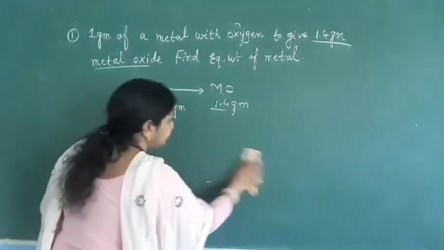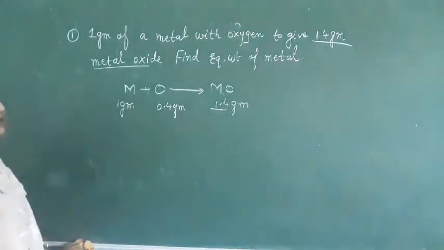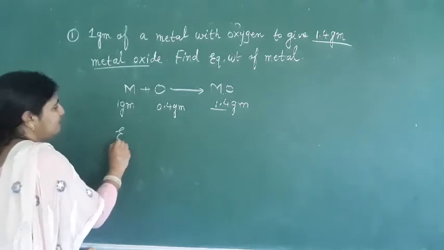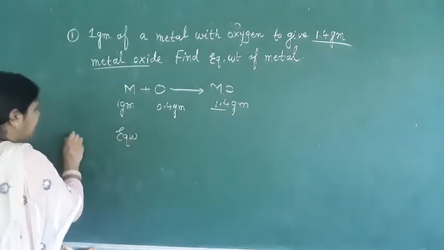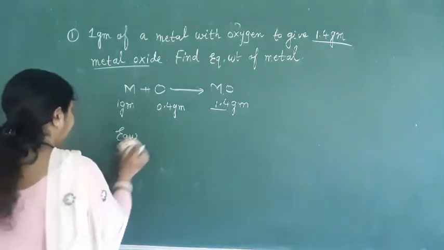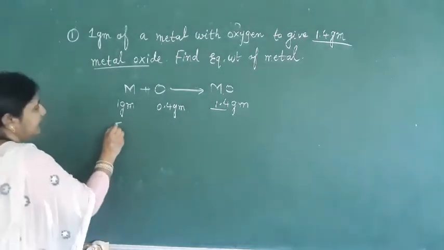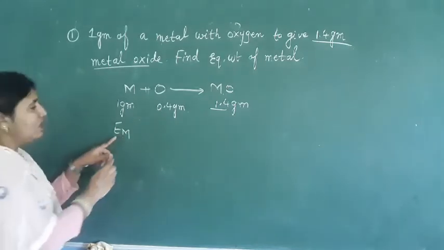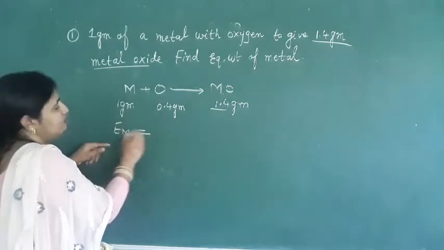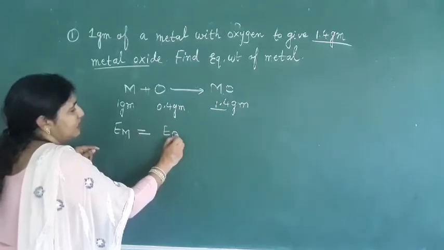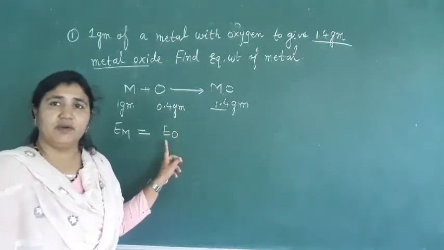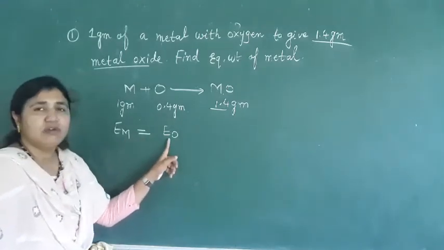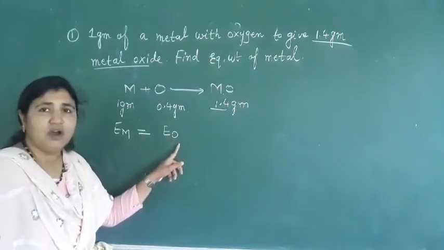Now we will apply the law of equivalence. According to that, the number of gram equivalents of metal, EM in short, is equal to the number of gram equivalents of oxygen.